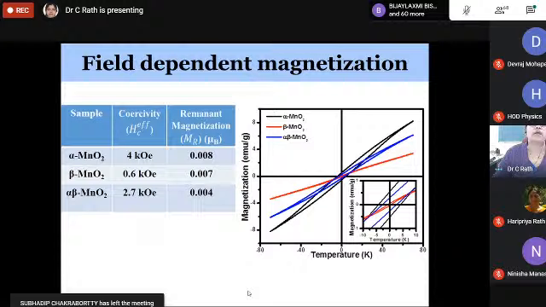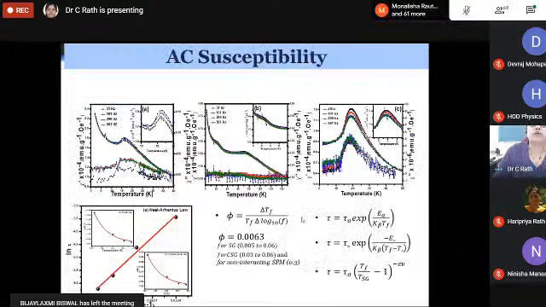And this again is fitted with different laws: Vogel-Fulcher, power law and Arrhenius law. And we could find out whether this behavior is spin glass or non-interacting superparamagnetic or cluster glass. That is decided from this fitting of the susceptibility with frequency with different laws.